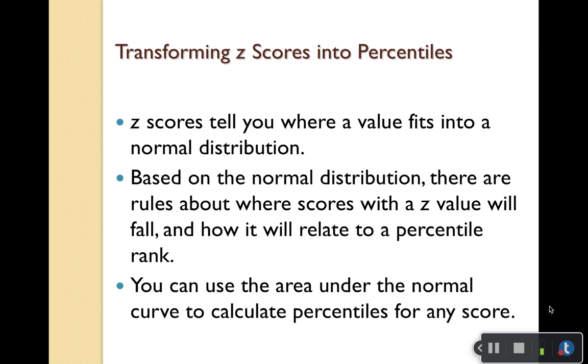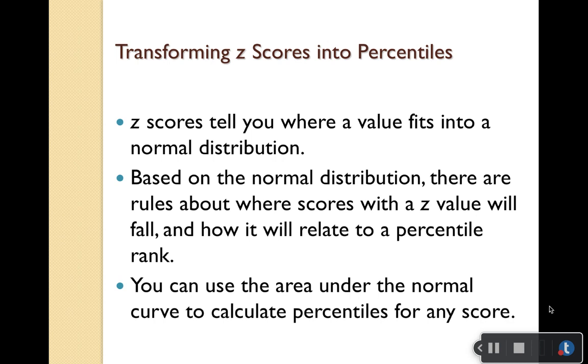Similarly, in healthcare, a lot of times people will talk about newborn babies, what percentile they're in for height or weight. I think they even do things like head size, which is kind of an interesting one. But it's a way of knowing where a particular individual falls in terms of this distribution.